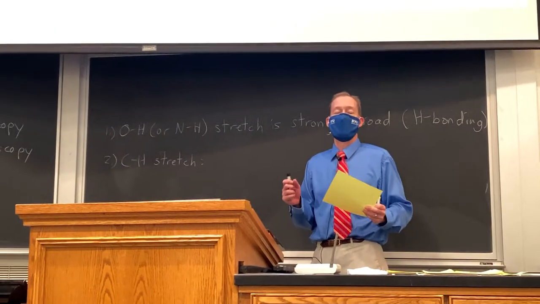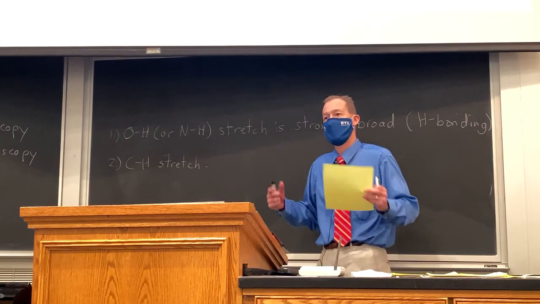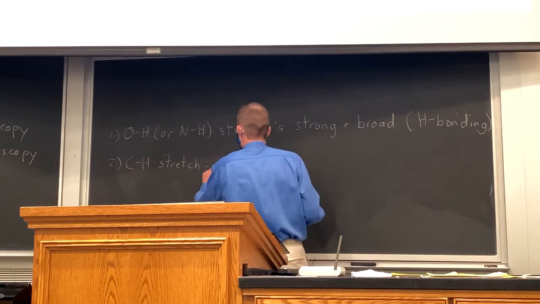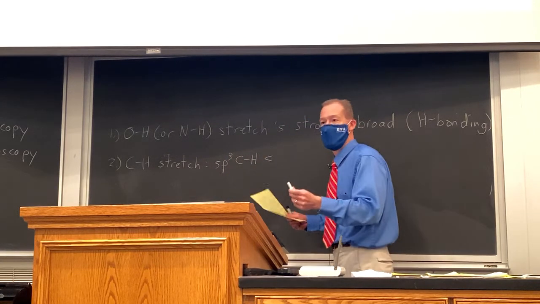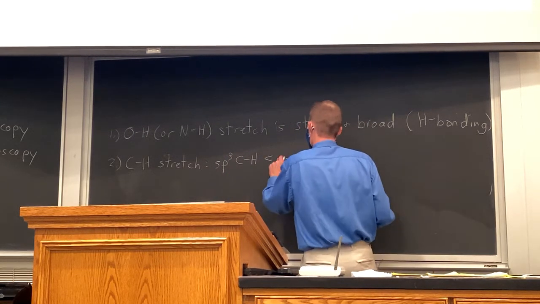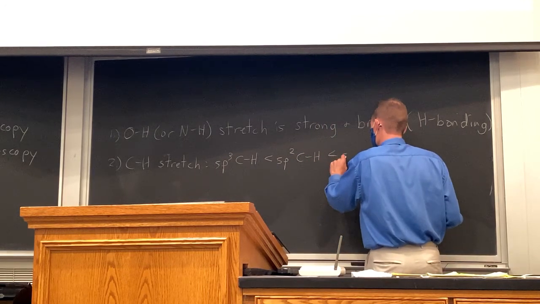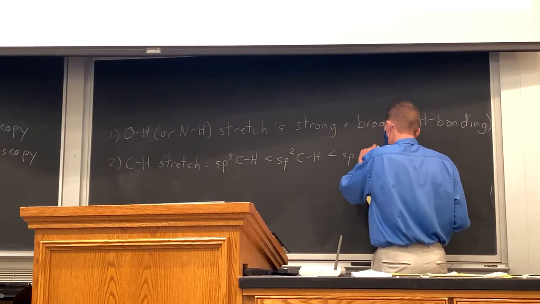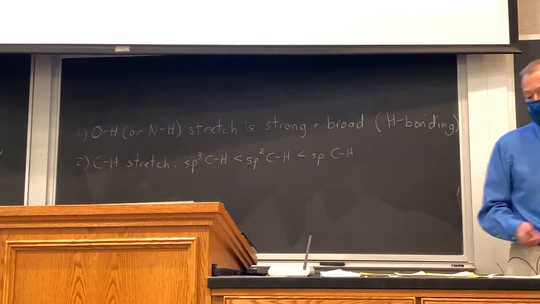The absorption frequency is going to be directly proportional to the bond strength. So our sp3 carbon hydrogen bonds are going to vibrate at a lower frequency than our sp2 carbon hydrogen bonds, which will vibrate at a lower frequency than our sp carbon hydrogen bonds.